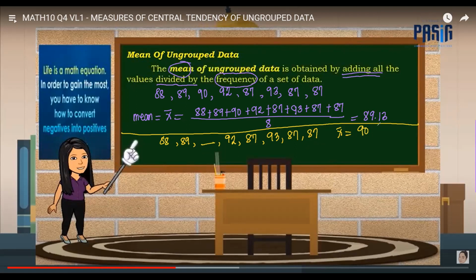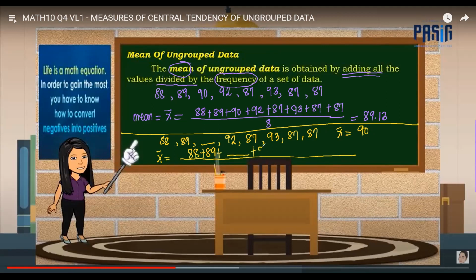So, kanina nakita natin, it's 89.13. It's a little bit closer to 90. So, you wanted to get an average of 90 para may honor ka. Ano kaya yung dapat na maging grade mo sa math? Of course, the same way for you to do that, habang sinusolve nyo, ano yung dapat gawin, isulat ko. Ganun pa rin, no? 88 plus 89 plus blank.